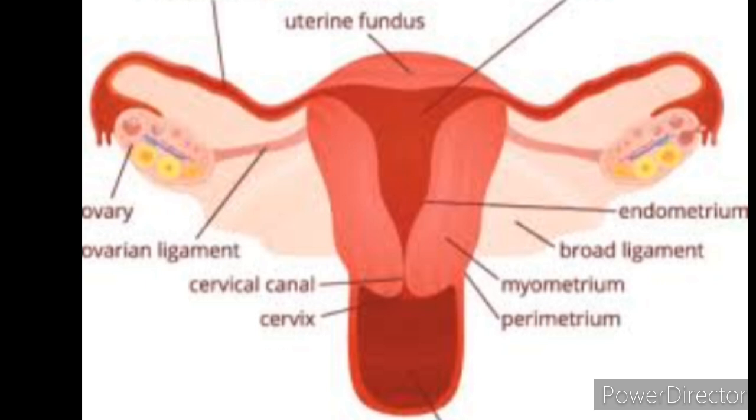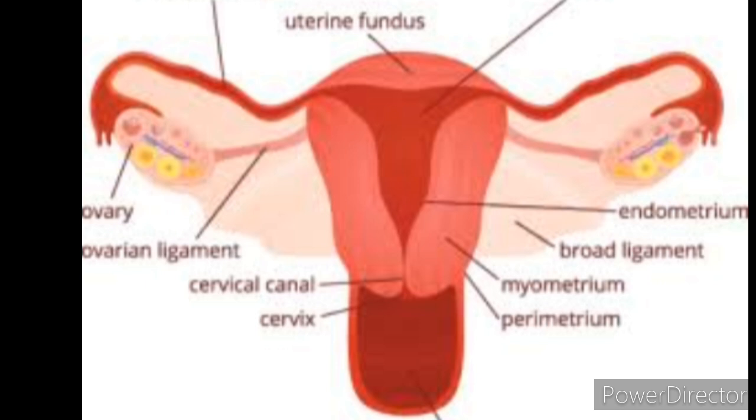The lower part of the uterus is narrow and called the cervix. The cervix consists of a cavity called the cervical canal, otherwise called the birth canal, and it opens outside through the vagina.